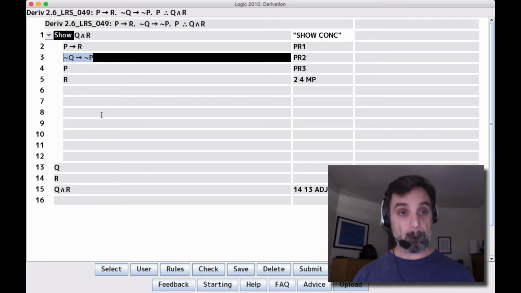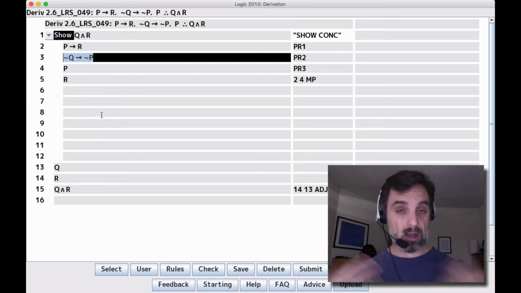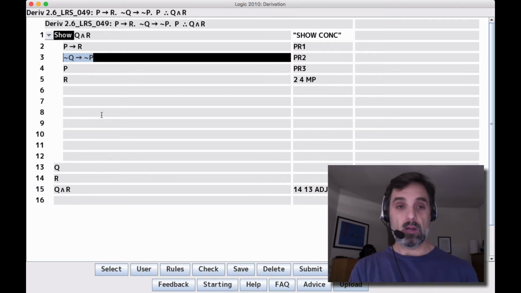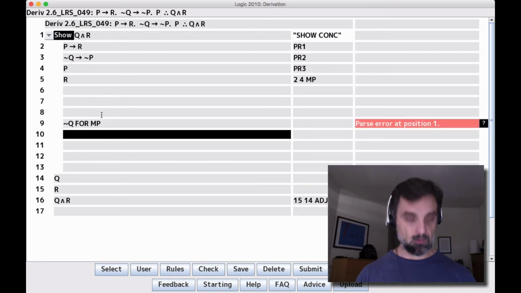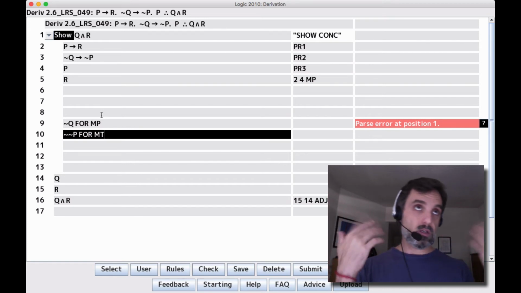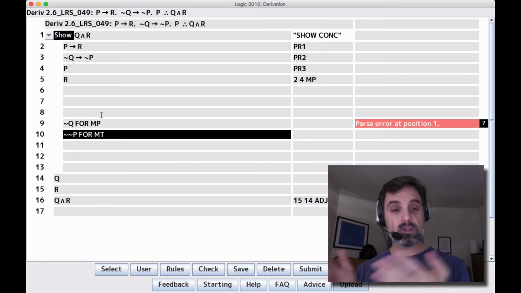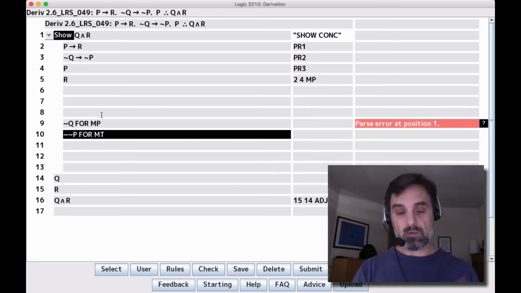Not yet. But can we get not Q, or can we get not P? We want to use all of these lines, so we need to figure out what we need in order to use them. We want not Q for MP, and we want not P for MT. I ask myself, how can I use line 3? It's a conditional, so I'm going to use conditional rules, and then I think, okay, there's what I need.